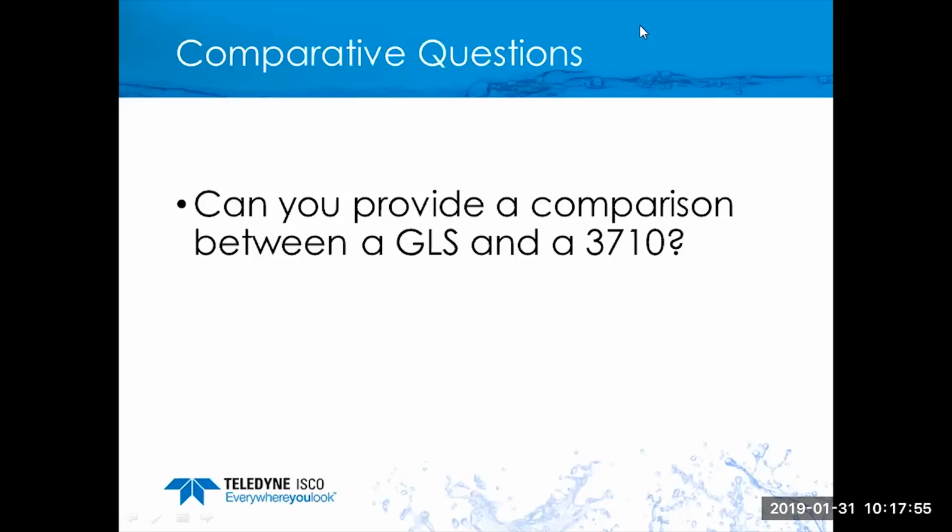We also have the capability with the 3710 to set a specific start time, which can be useful if you want to sample in a given period of time when your sample crew is not there to start the unit. There are more advanced flow mode sampling options for the 3710. The GLS can be either time or flow paced, so they both share that in common.